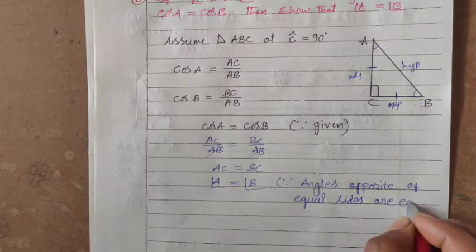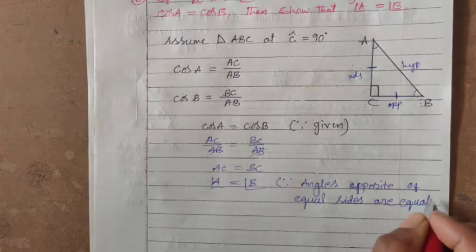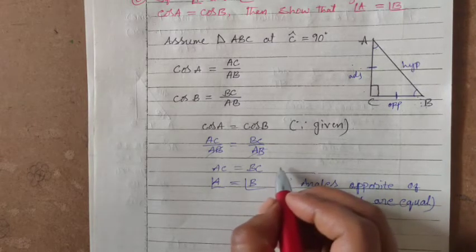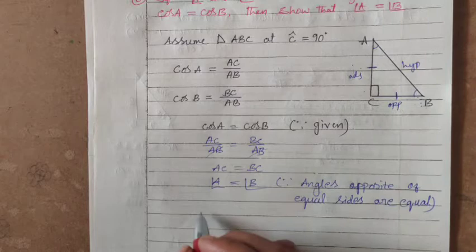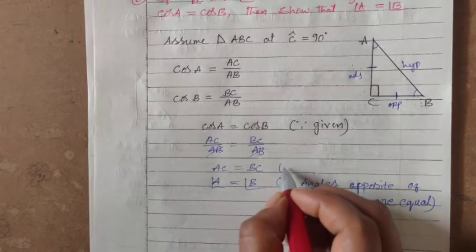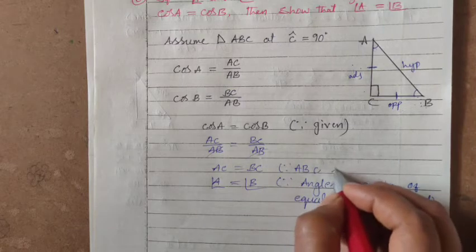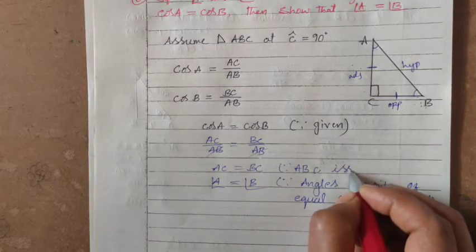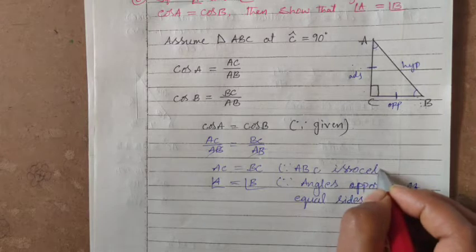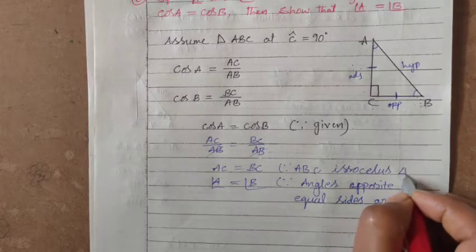So AC equal to BC, then ABC is an isosceles triangle.